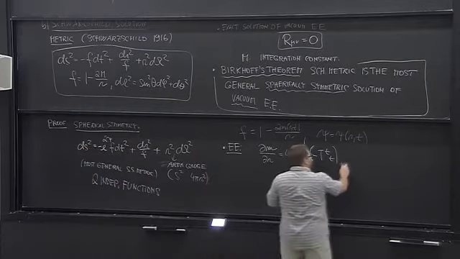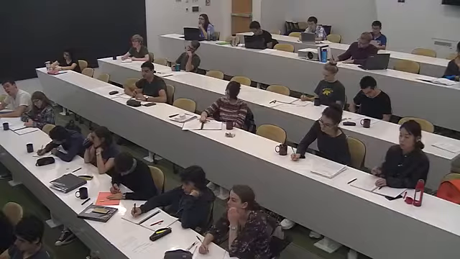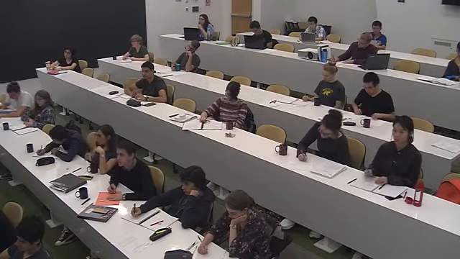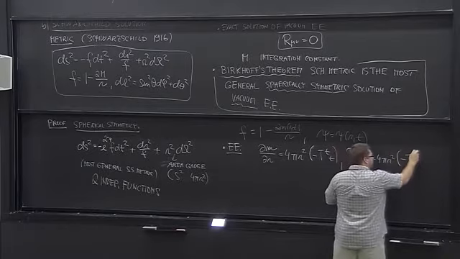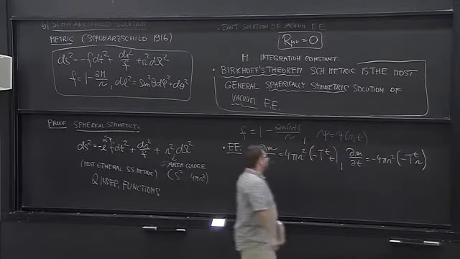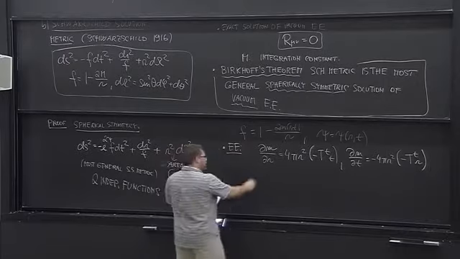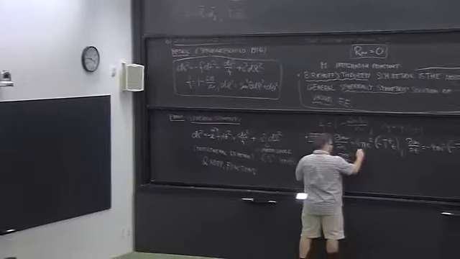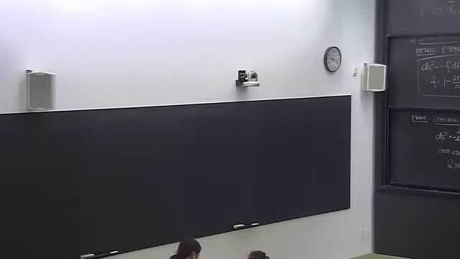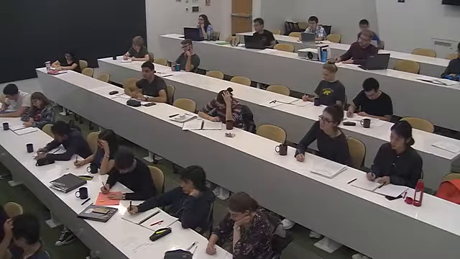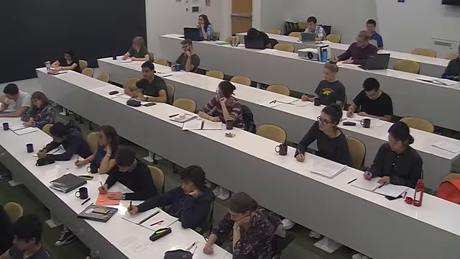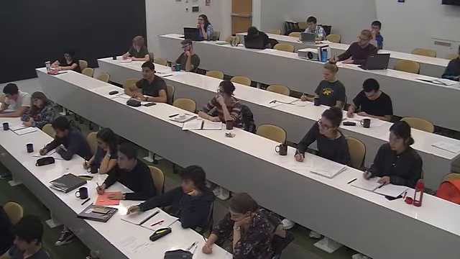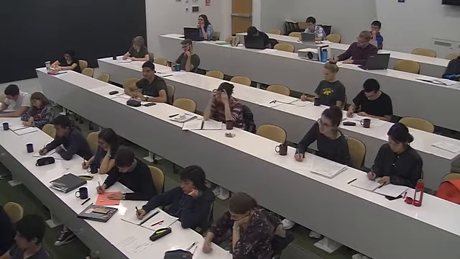And then I have dm over dt equals minus 4 pi r squared T_tr. And finally, I have d psi over dr equals 4 pi r divided by f times (T_rr minus T_tt). Okay, so this is what Einstein equations give you.